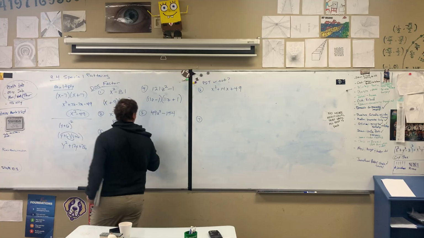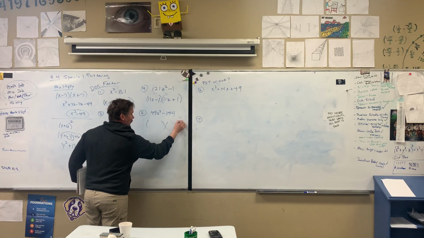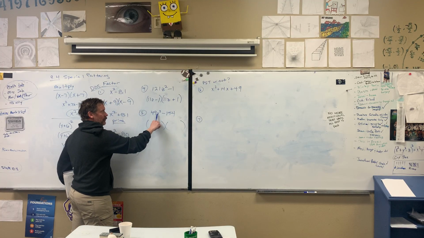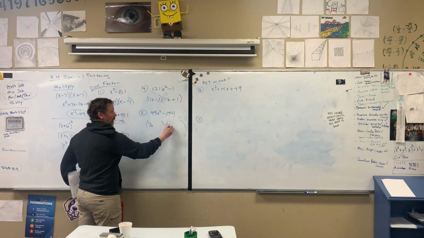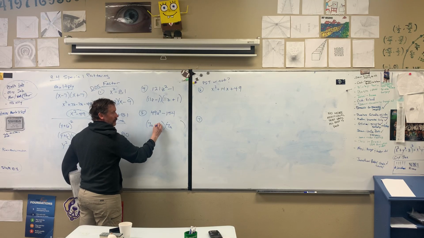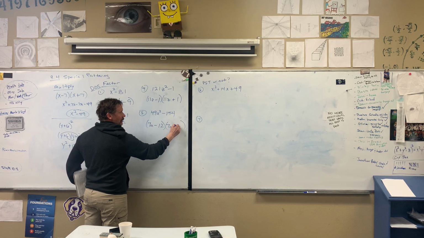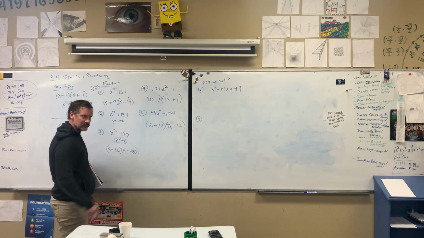Okay, so we go here, here, here, and here. Recognize perfect square, perfect square, perfect square. So what do we get here? 7a minus 12 plus 12. Okay, not too bad, right?